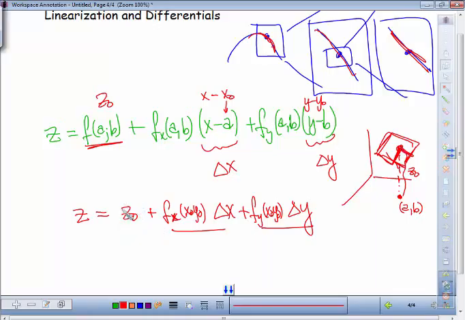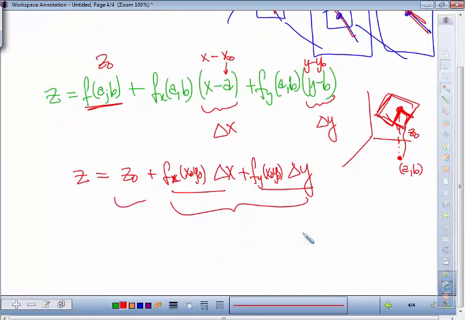Without this, people break this down even further and look at just this part, the change. That is what the differential becomes. The differential is a change in z. So without this initial placement of where you're going, the z naught, and just focusing on how the z changes, that's what they consider the change in z.